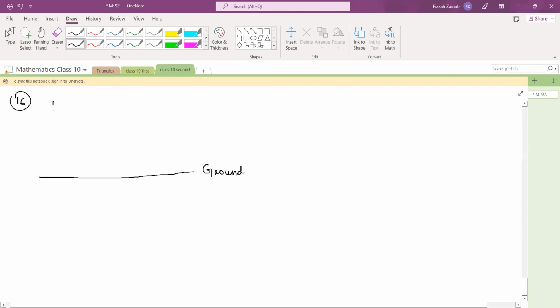So there's a tower here. From the 2 points at a distance of 4 meter and 9 meter from the base of a tower. So there's a point here which is at a distance of 4 meter from the base of the tower. And another point somewhere here, the distance from the base of the tower is 9 meter. So this is the distance, right?